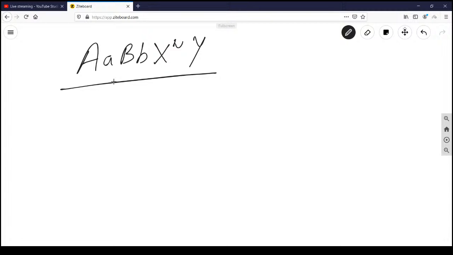Now the gametes produced from this genotype will be what?